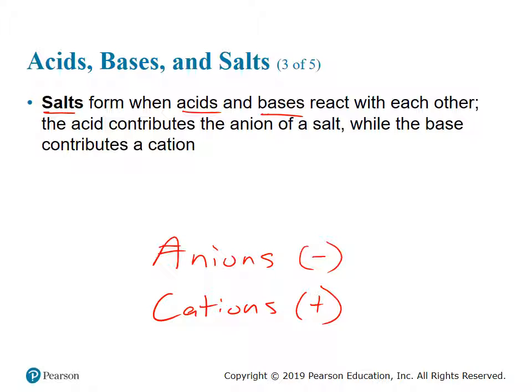So when we put acids and bases together, what occurs is that we have separation of positively charged molecules and negatively charged molecules, and we would call that a salt. In fact, a salt.